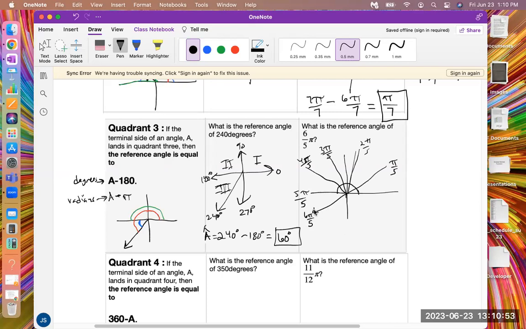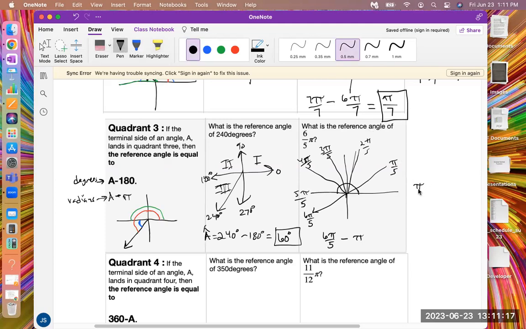So you guys can already see we're going to take the angle itself, this is 6 pi over 5, and we're going to subtract pi, but I've already written pi as 5 pi over 5 here above. But just in case, you can review the video of how I did it before, but I can do it over here again.